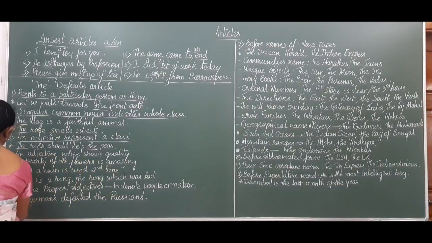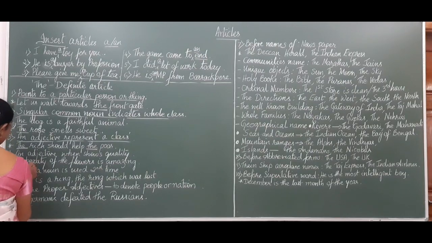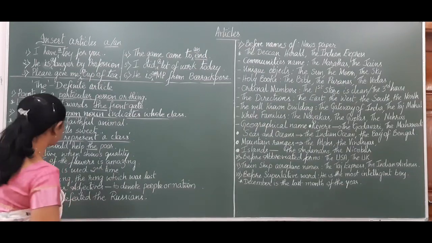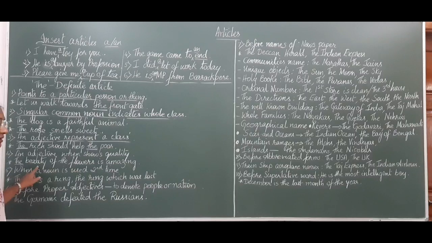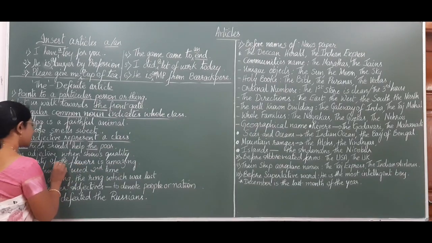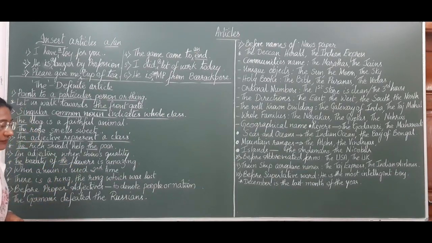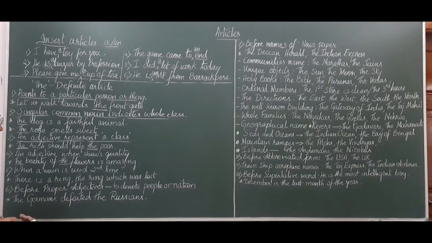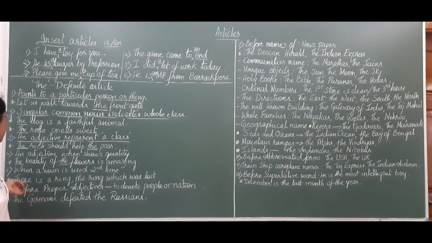So the adjective beauty uses the definite article the, and when it is pointing to the group of flowers, a particular reference, we use the definite article the. Next, when a noun is used a second time in a sentence.